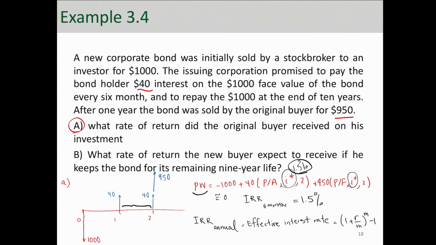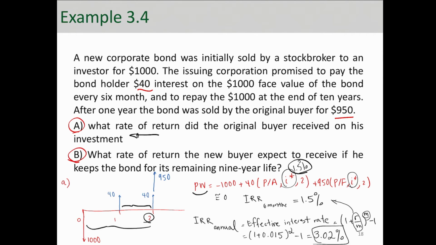And in this case, r/m is 1.5%. So that is equal to (1 + 0.015)^2, that is m, because there are 2 periods in 1 year, minus 1, and that is 3.02%. So a little over 3% is the rate of return of the original buyer here.